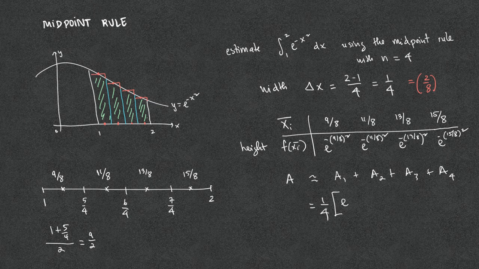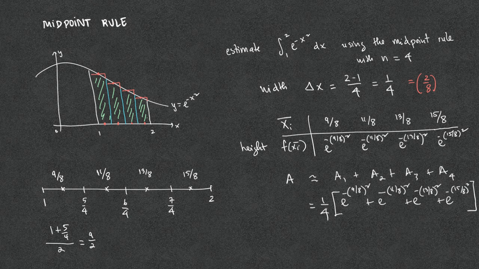The heights are e to the negative 9 over 8 squared plus e to the negative 11 over 8 squared plus e to the negative 13 over 8 squared plus e to the negative 15 over 8 squared. Notice that we only add the heights, but these heights are being multiplied by 1 over 4. The height times the width will give us the area.